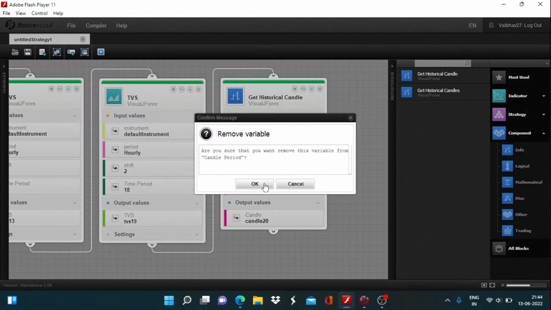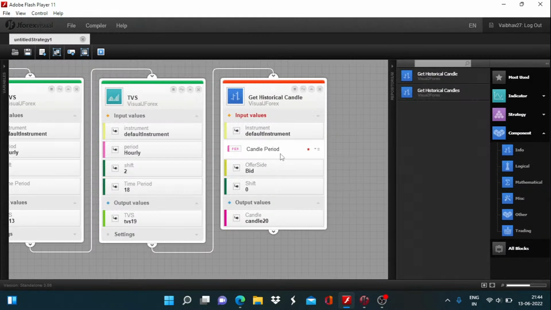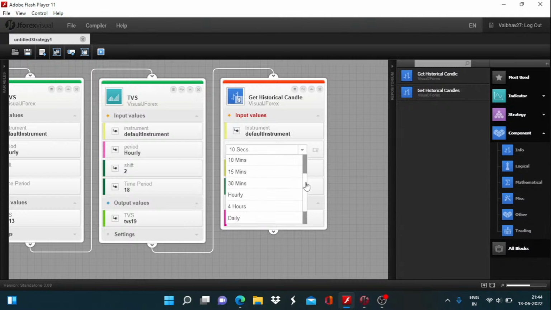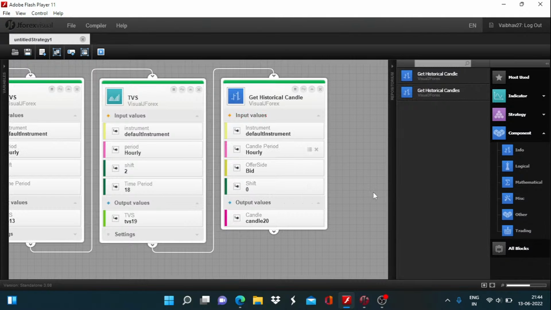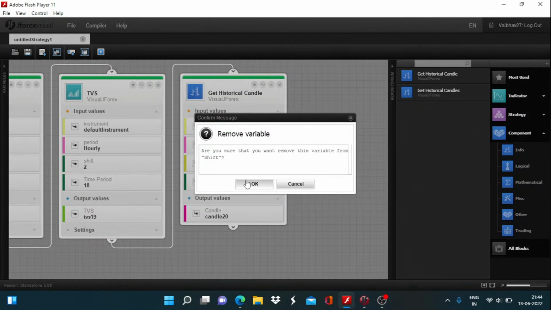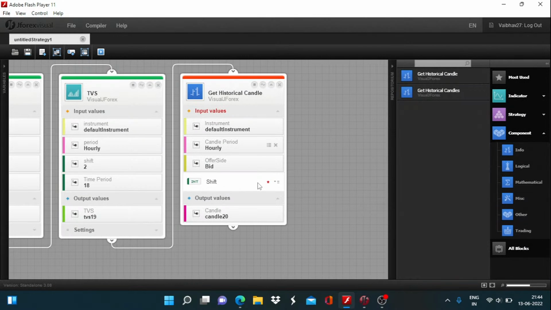I'll change it to hourly time frame. Look back period of 1.